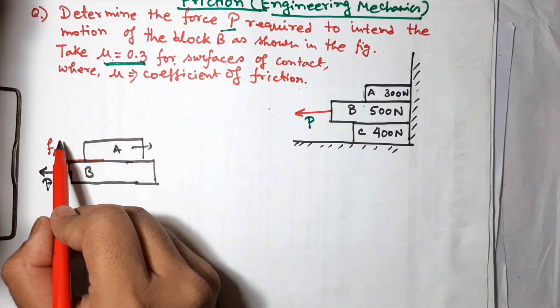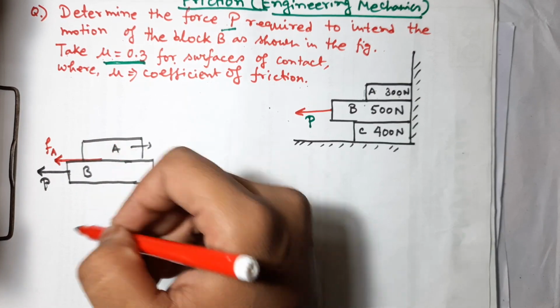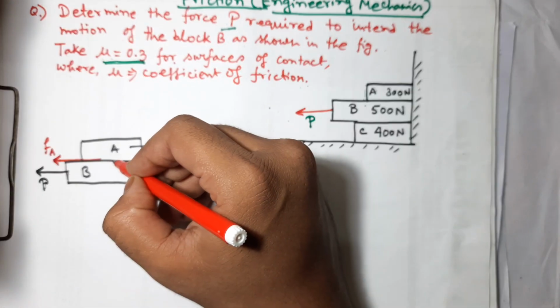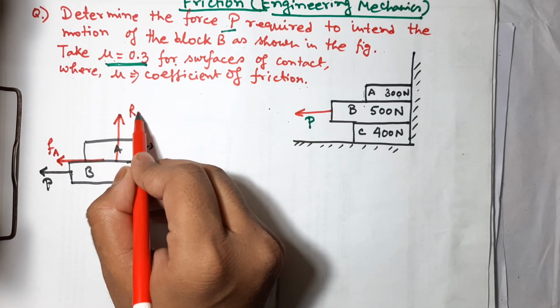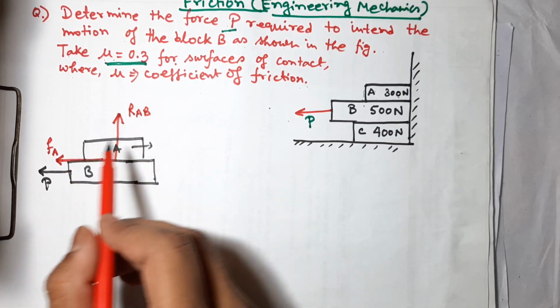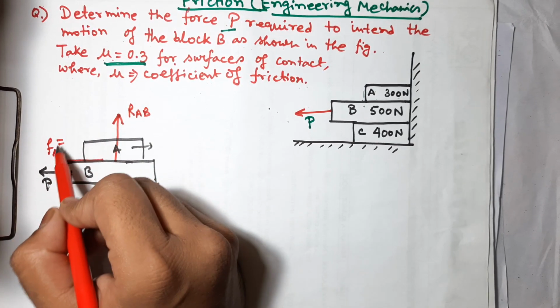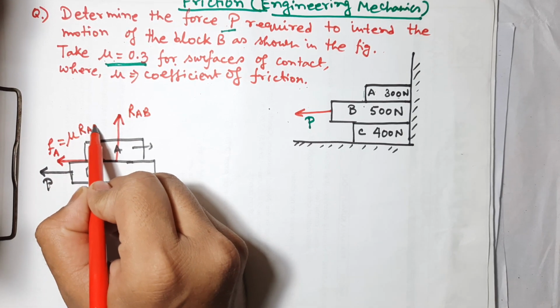I have written small fA here, and small fA will be what? This is the reaction force on A block by B block, that is RAB, and FA, the frictional force, will be mu into RAB.